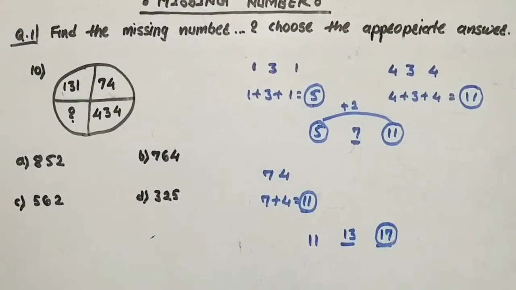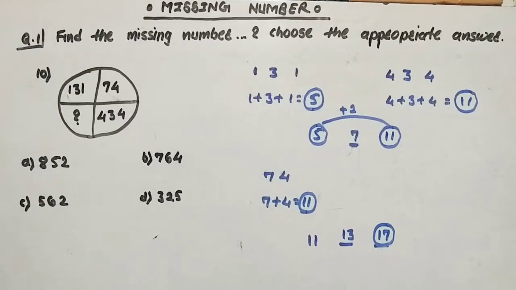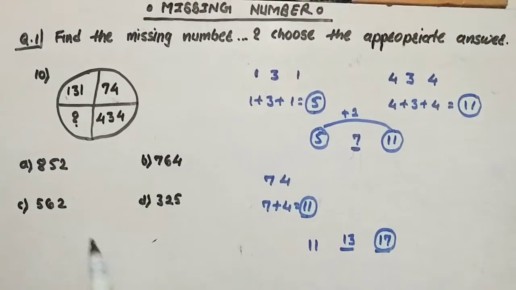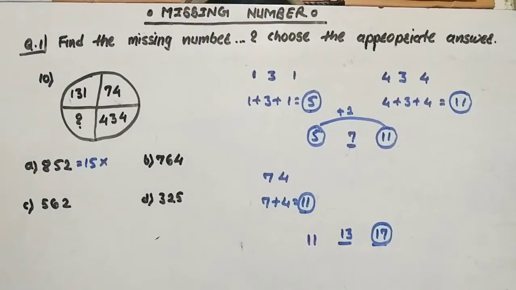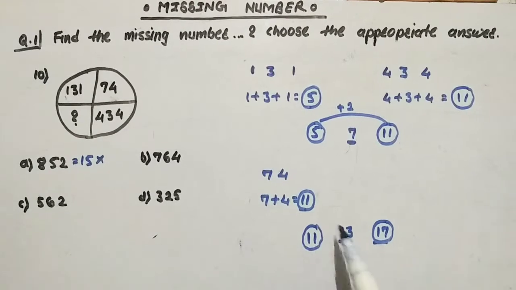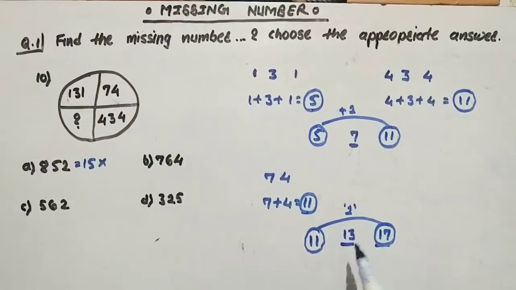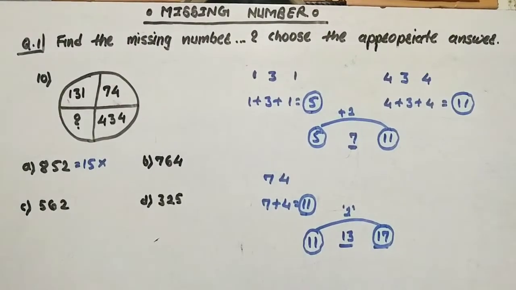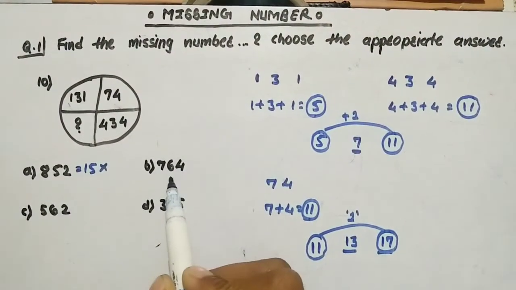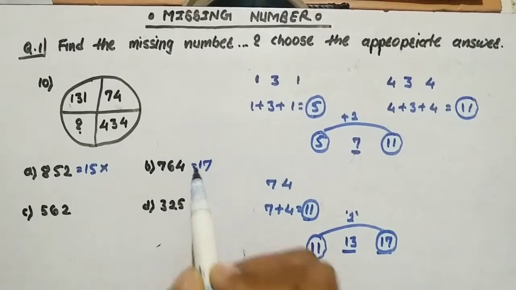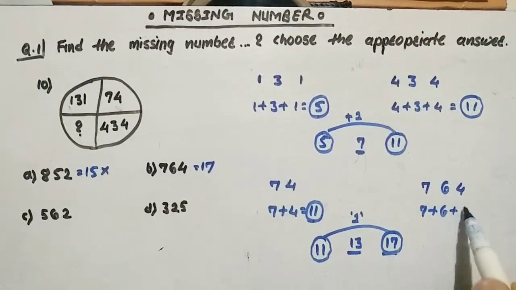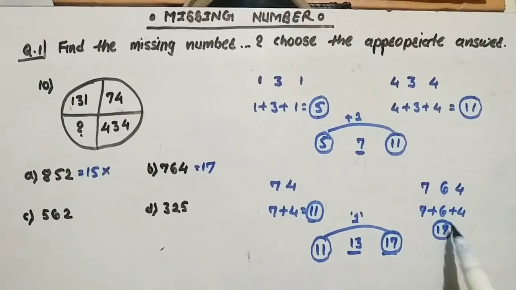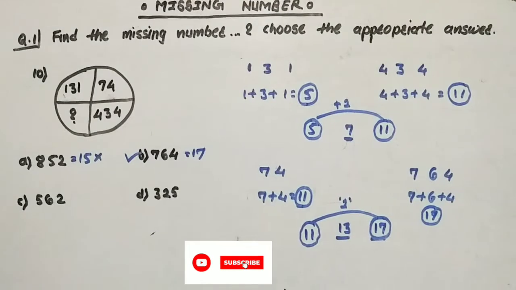How much will come? 17. So we choose the whole number whose individual numbers add up to 17, right? So 8 plus 5 is 13, plus 2 is 15. We get 15, so we don't want this. Why not? Because we need 17. Why 17? Because we skip one prime number. So 7 plus 6 is 13, plus 4 is 17. So which number should come here? That is 7 6 4, 7 plus 6 plus 4, we will get 17. So that's why option B is the correct answer.